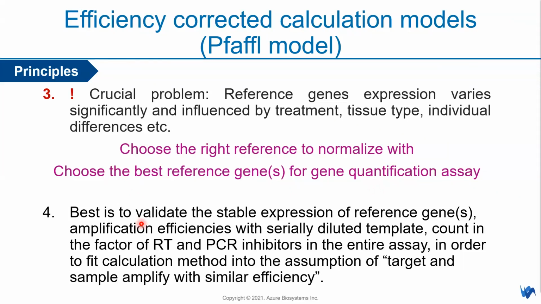All in all, the best approach is to validate the stable expression of reference genes, with the serial amplification efficiencies from a serially diluted template. This is very important. And also do take into account the real-time factors and PCR inhibitors in the entire assay.